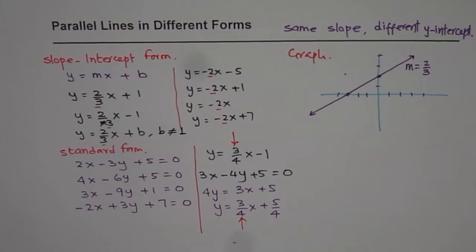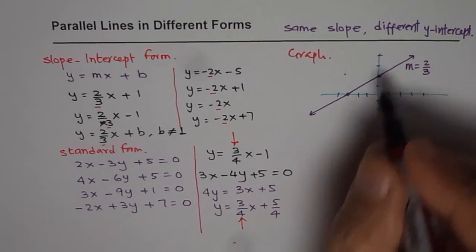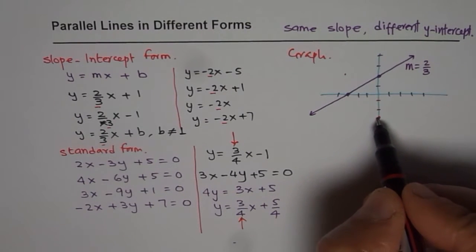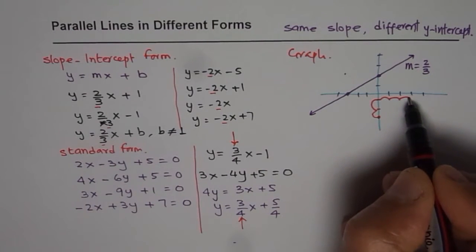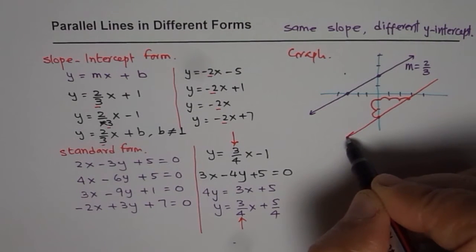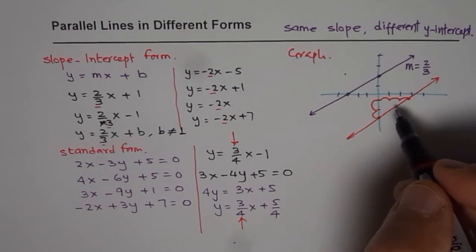Now any line with the slope of 2 over 3 will be actually parallel to this. If I choose that as my y-intercept, rise of 2 and run of 3 will give me a set of points which when joined will result into parallel line, correct? So that is how you could do it, right?